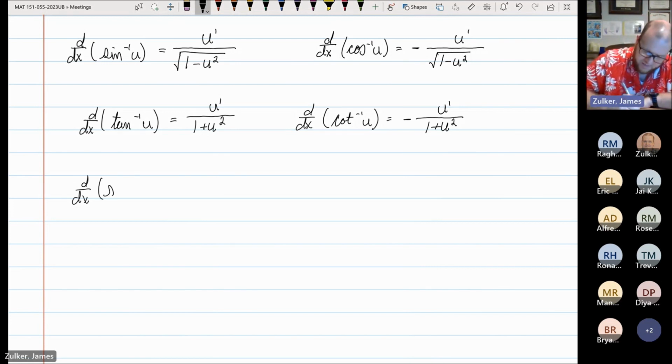Derivative of the inverse secant. U prime over the absolute value of u times the square root of u squared minus 1.